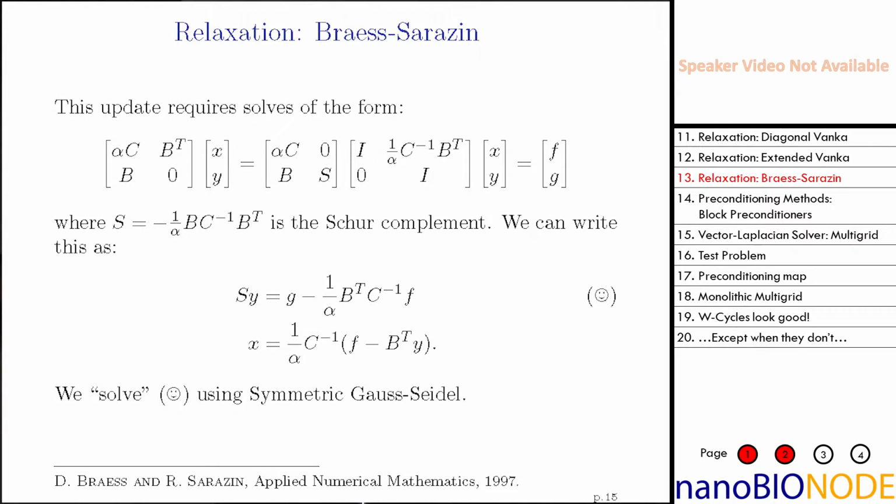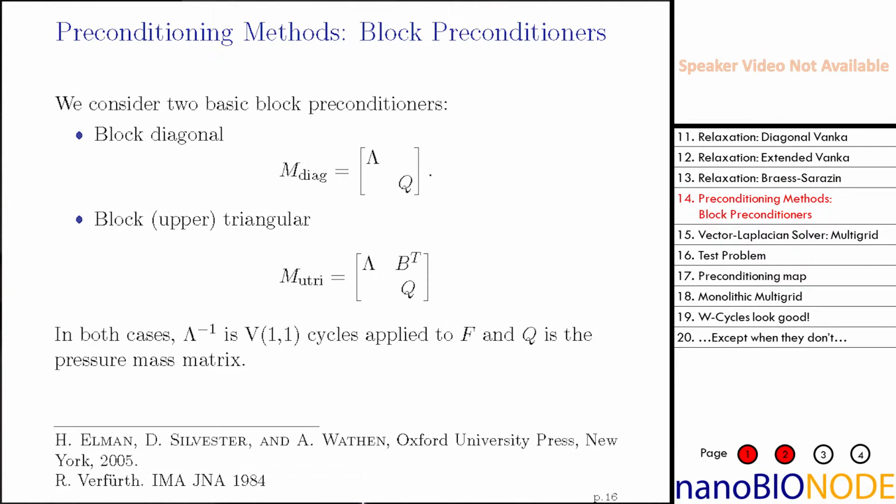So the update, then you can look at it in a block factorization form, and you're doing updates that look like this that require a solve with the Schur complement here. And so we approximately solve equation smiley face just using a single sweep of SGS, but you could do any solver that you want. Jacobi, for example, or V-cycles, whatever you'd like to do.